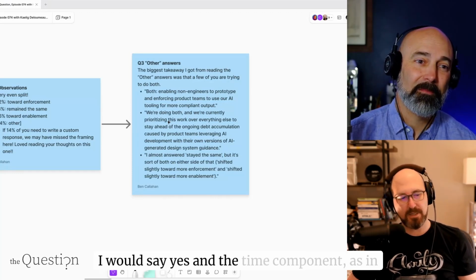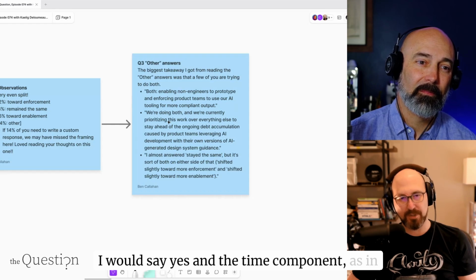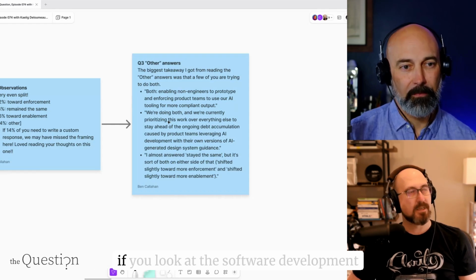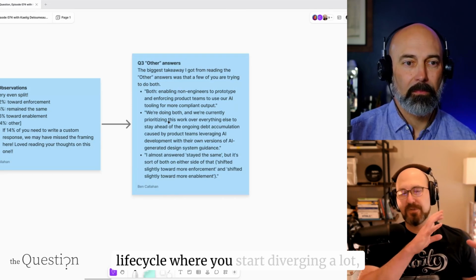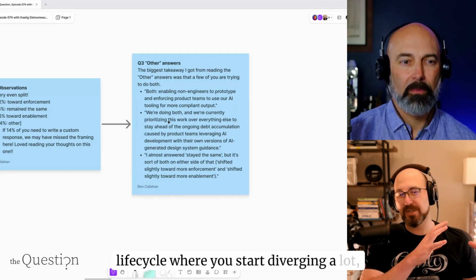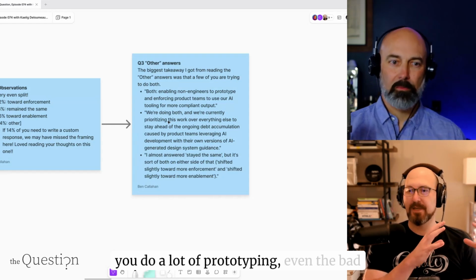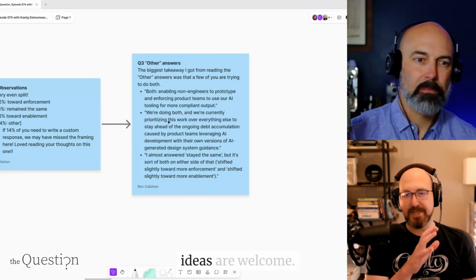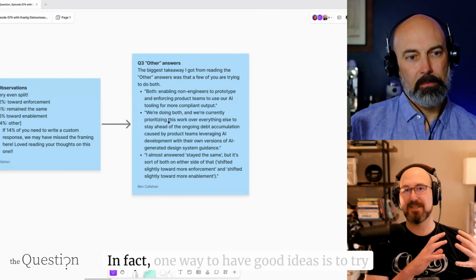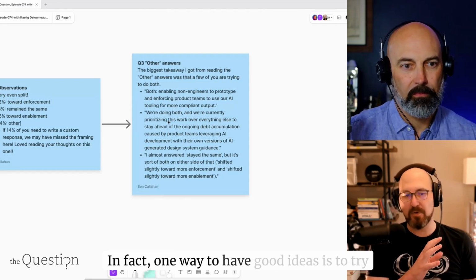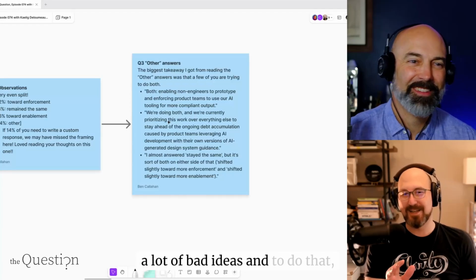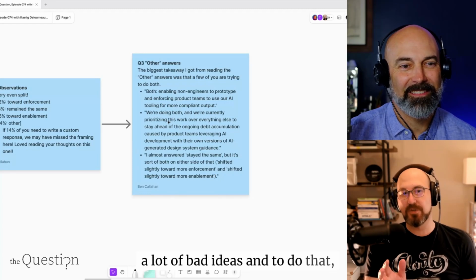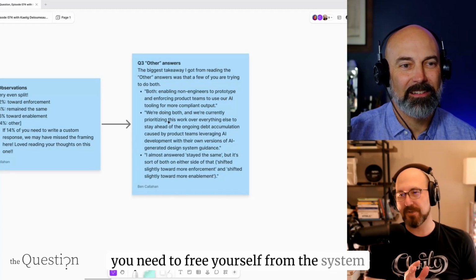the time component, as in if you look at the software development lifecycle, where you start diverging a lot, you do a lot of prototyping. Even the bad ideas are welcome. In fact, one way to have good ideas is to try a lot of bad ideas, and to do that, you need to free yourself from the system sometimes.